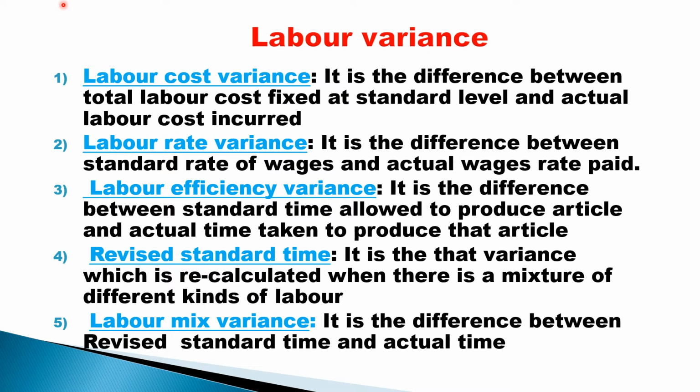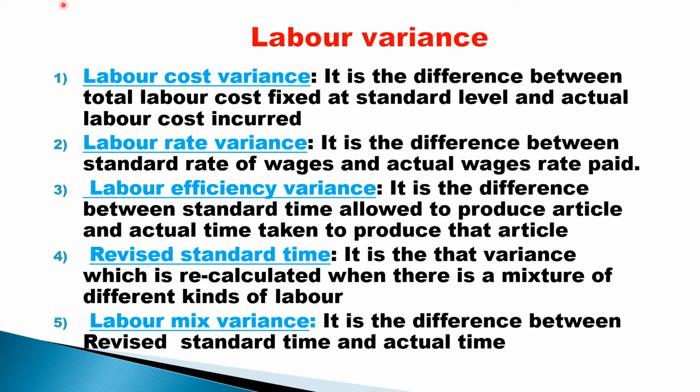To produce it, I fix a labor cost of 1000 rupees. So I expect the furniture to be manufactured within the labor cost of 1000 rupees. If it's more than 1000, then somewhere it's wrong. If it is less than 1000, then we can appreciate that we have saved the cost. It's called cost saving measures.